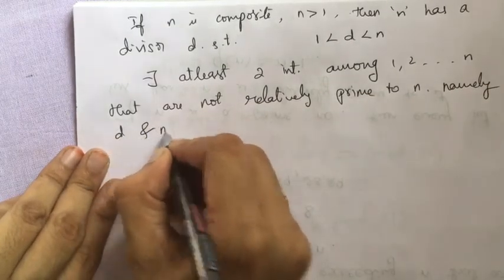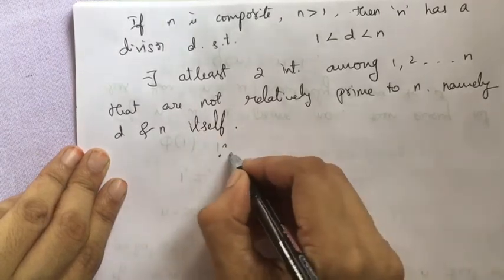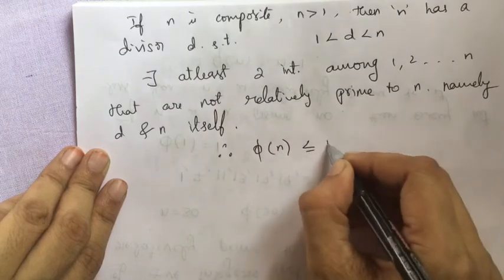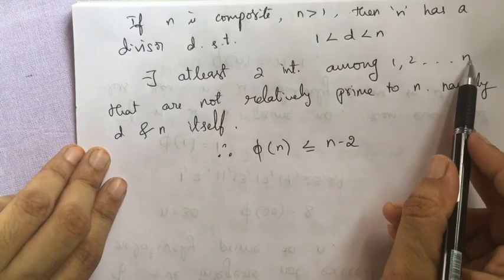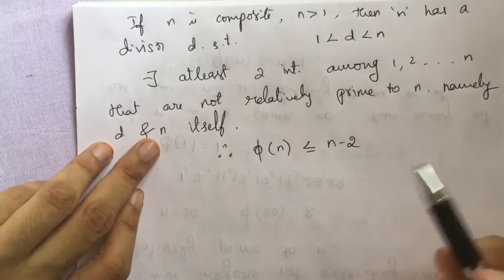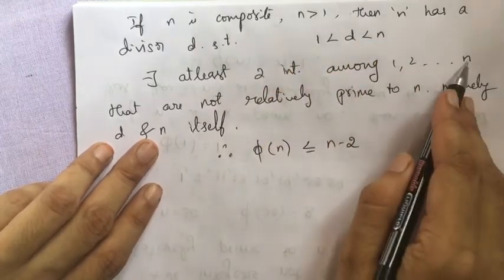d and n itself. Okay, therefore if n is composite, phi of n must be less than or equal to n minus 2. There are n integers. Since it's a composite number, it has a divisor, so there exist at least 2 integers that are not relatively prime to n.